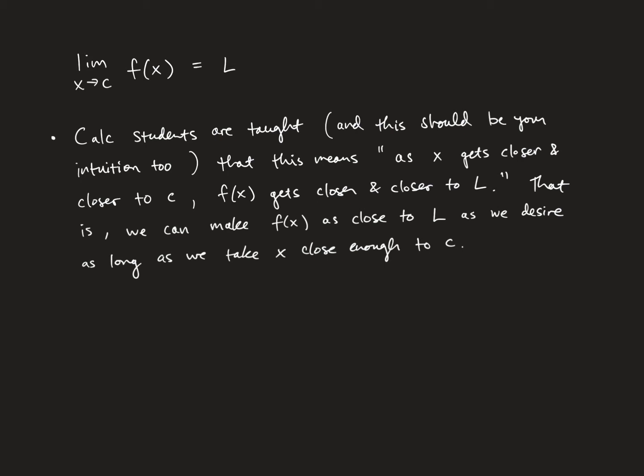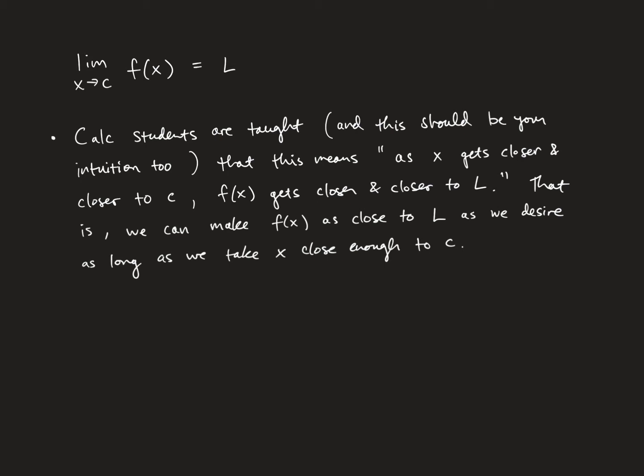All right, so we're going to look at the statement that the limit as x goes to c of f of x equals L. The way you generally explain this to calc students, and this can be your intuition too, is the idea of this statement.